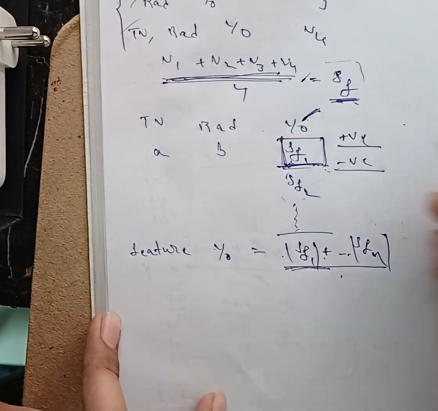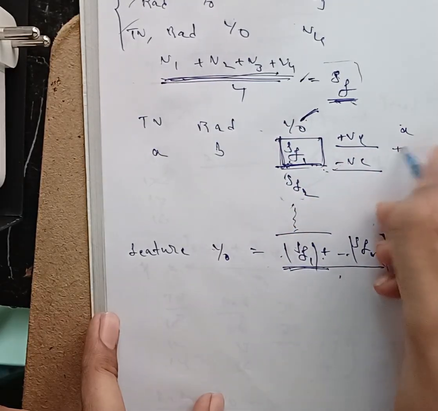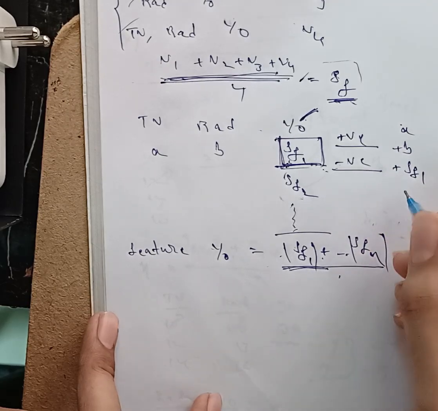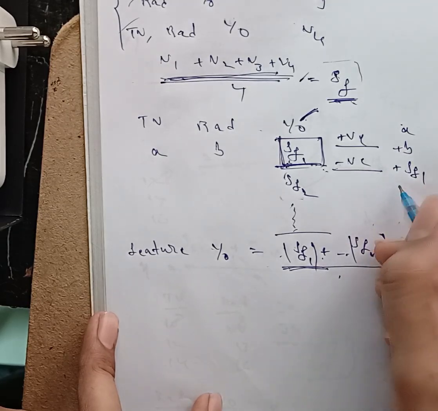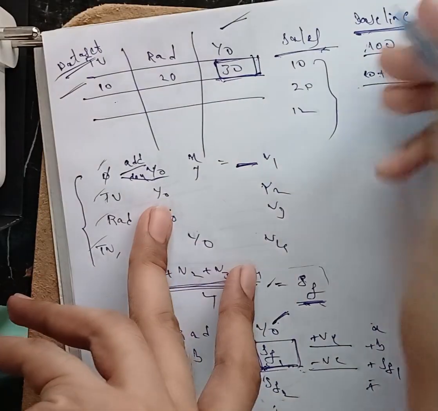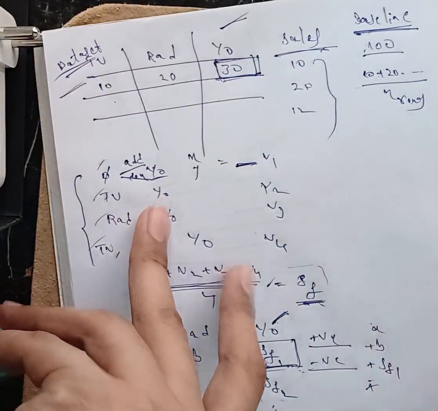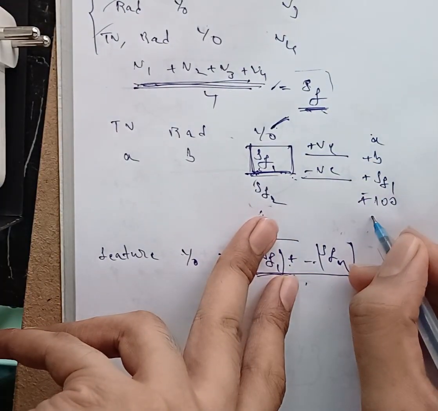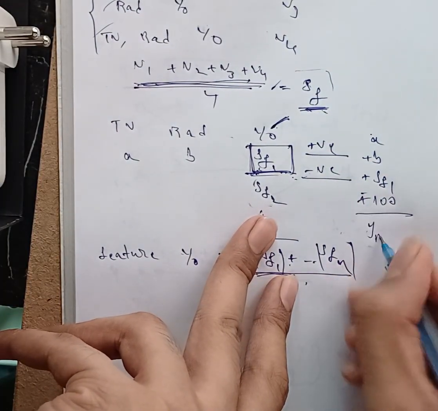Now if we add a plus b plus sf1, and we add the baseline prediction also, which we assumed is 100, it should be equal to y pred.